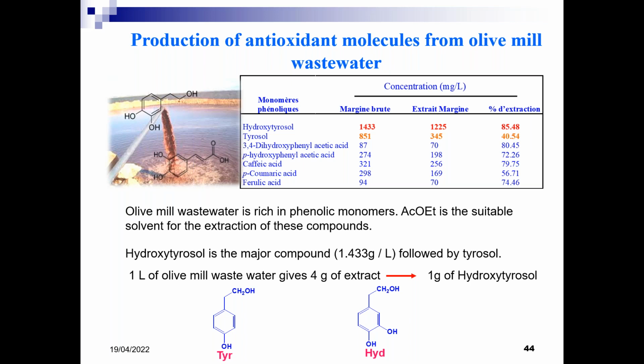And we have found after quantification that its concentration is 1.43 grams per liter. Every liter has 1.4 grams. And this is a huge amount, as we have a huge quantity of wastewater from olive extraction.